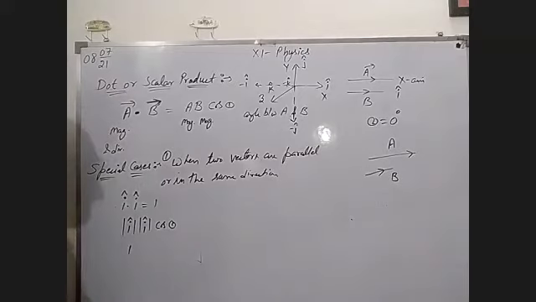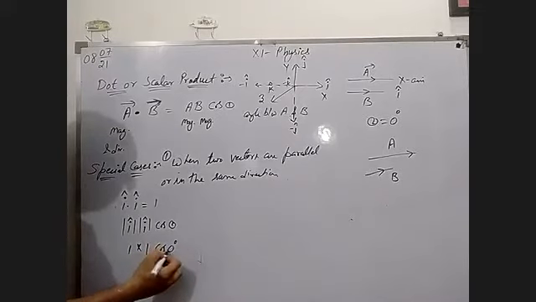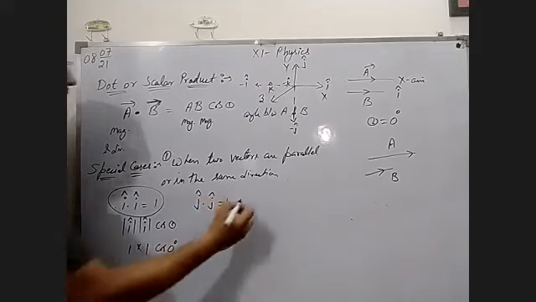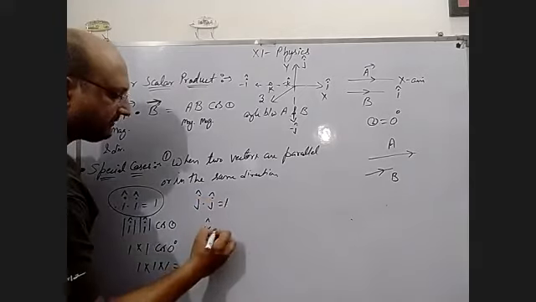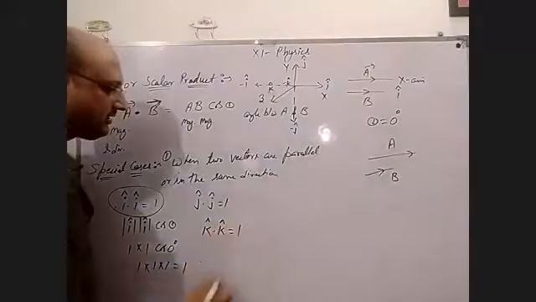Unit vector means unit value. Now 1 is there, cos 0 degrees, again 1. Now the value is 1. In a similar way, you can take the value of j dot j and k dot k. This is also 1.